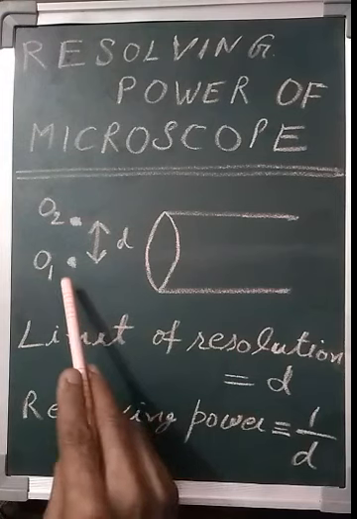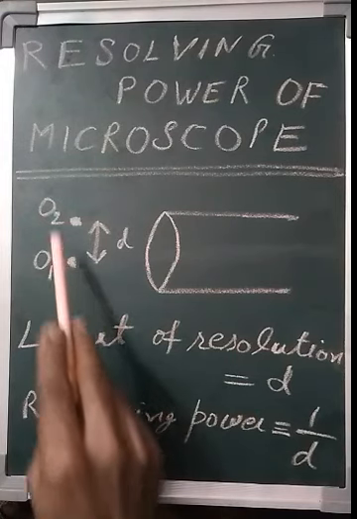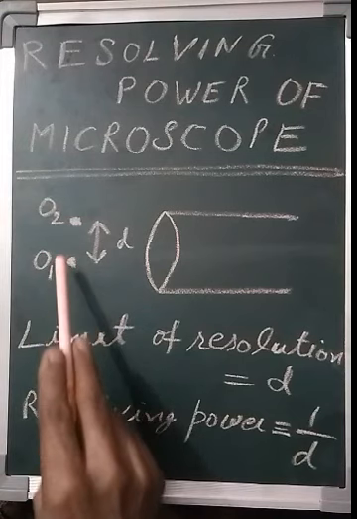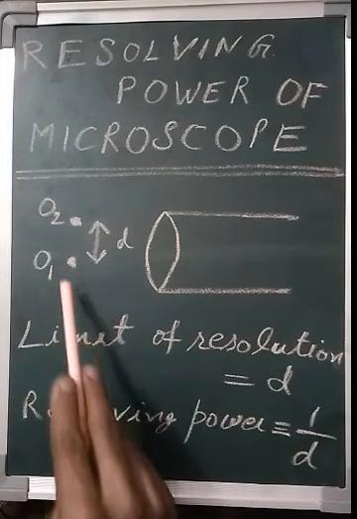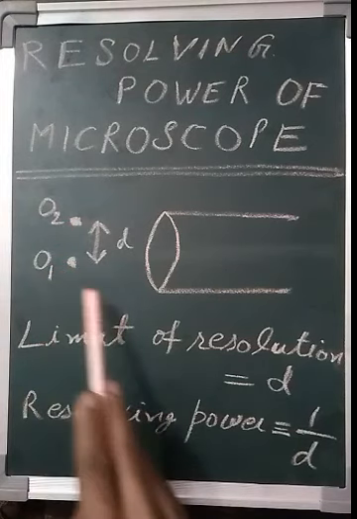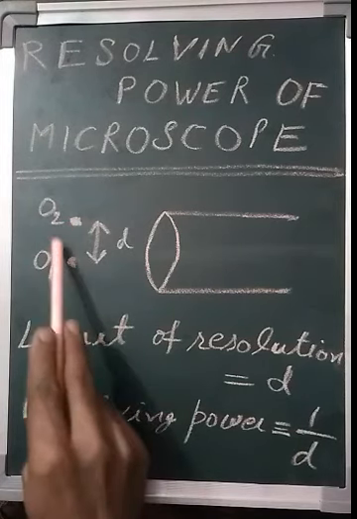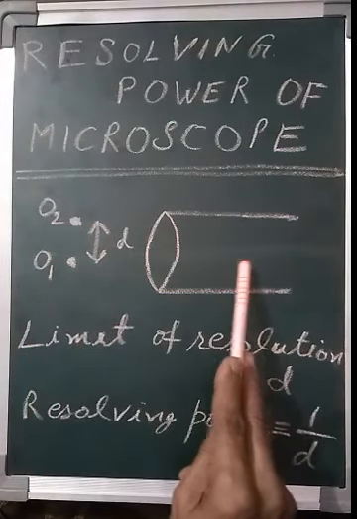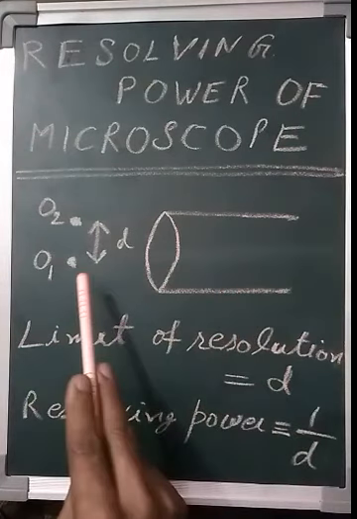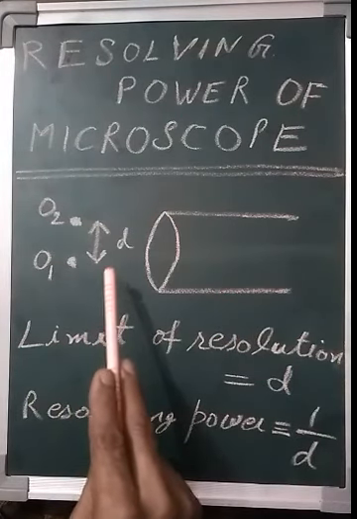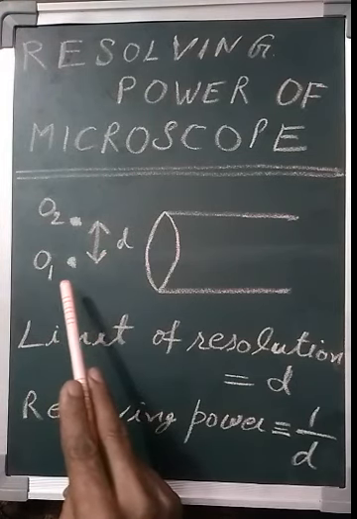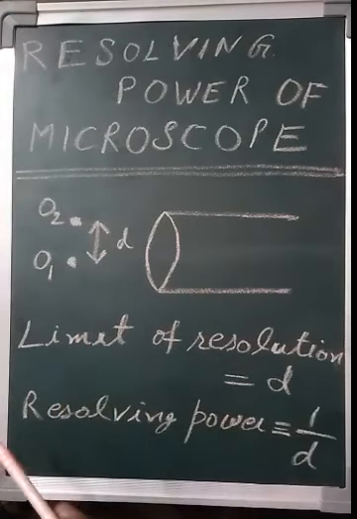First of all, you place the objects at a greater distance, then you go on decreasing the distance for a minimum value of distance between the objects. The two images of these objects will be seen just resolved through this microscope. If you decrease the distance below this minimum value of d, then these objects will not be seen resolved.